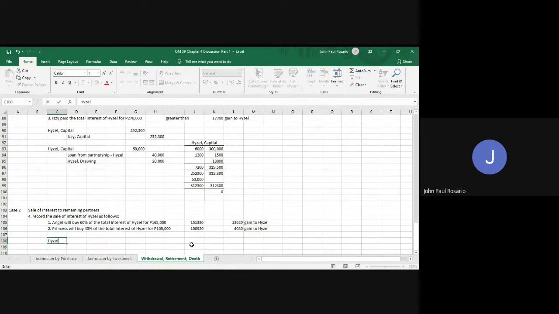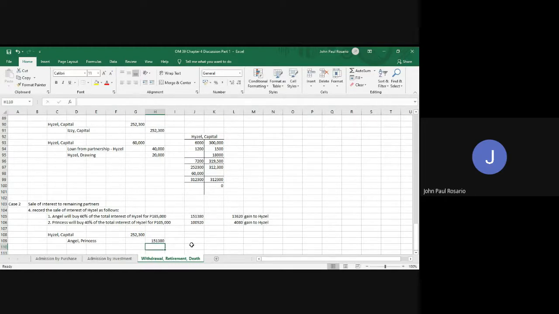So, kuan si Hazel Capital o kato iyahang 252,300 pero bahinan ni Angel wherein nag-purchase si Angel og 60% ani, o ni Princess.